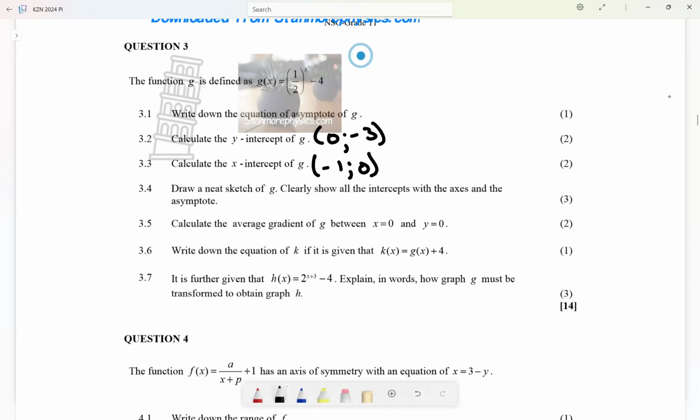They say now to us, draw a neat sketch of g of x. Clearly show the intercepts with the axes as well as the asymptote. Now, before I draw, I know the shape will be a decreasing function, right? Okay, let me try to redraw that.